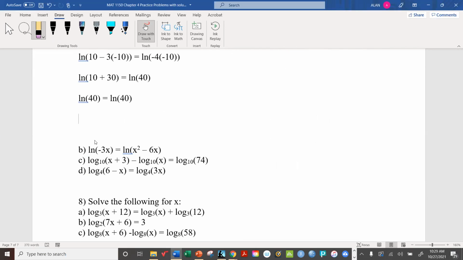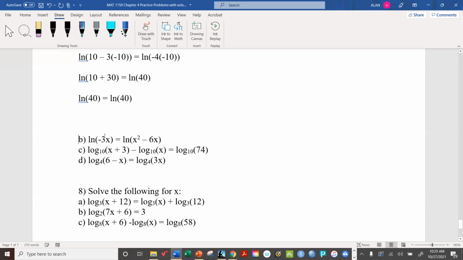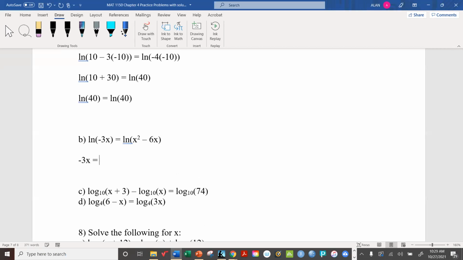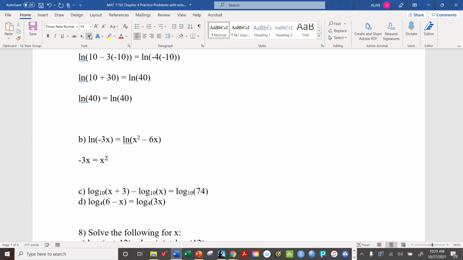All right, so for this one, same thing, exactly the same. What you're going to do is say, well, these are both natural logs, therefore, minus 3x equals x squared minus 6x.